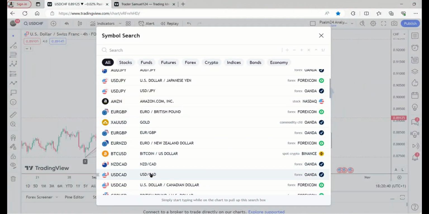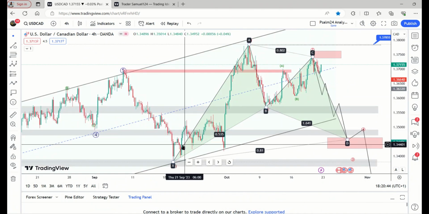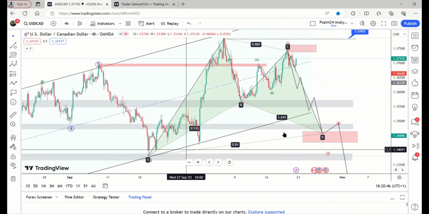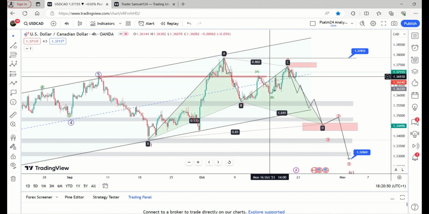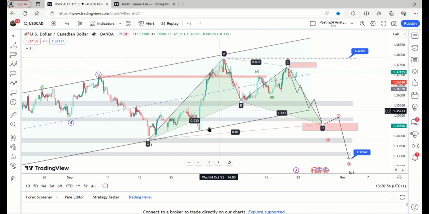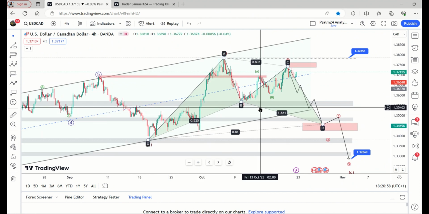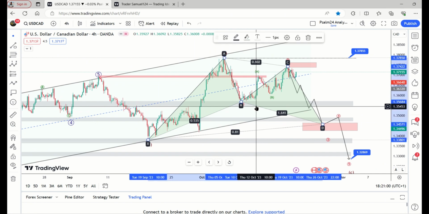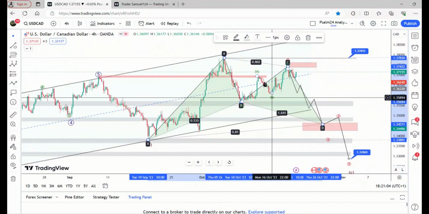USDCAD. What do we have on USDCAD? USDCAD is actually okay. This is the combination of Elliott wave. We don't often do this, but nonetheless, what are we expecting? We are expecting, using Elliott wave analysis, a bearish move to the downside.